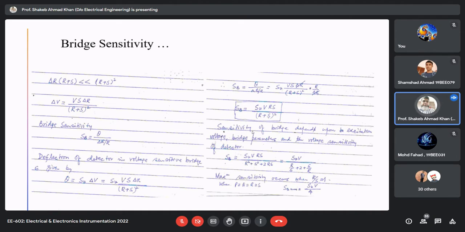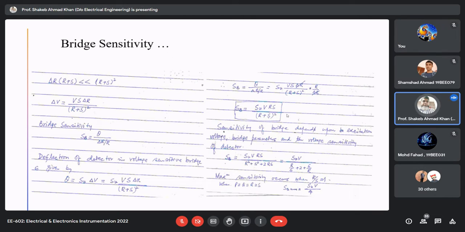Your sensitivity of the bridge depends obviously on the sensitivity of the detector. If your detector is more sensitive, obviously your bridge will also be more sensitive. Then it also depends upon the excitation. You can take a higher value of excitation to have a better sensitivity of the bridge.